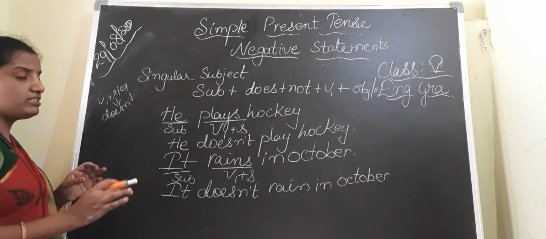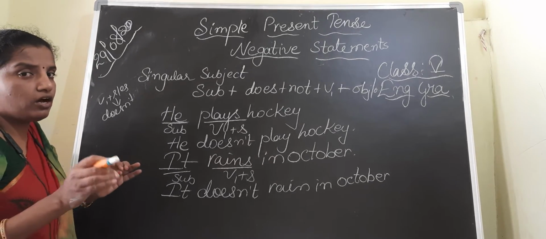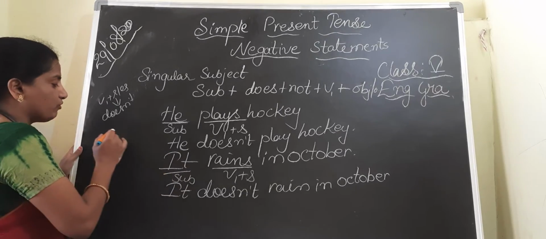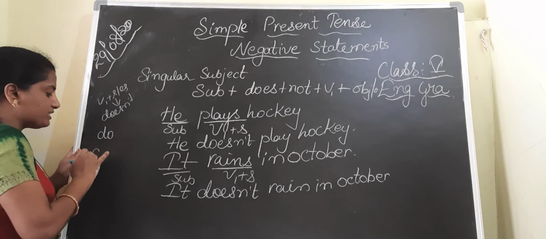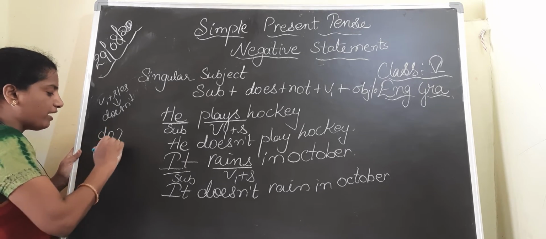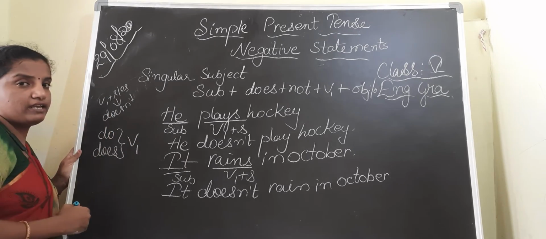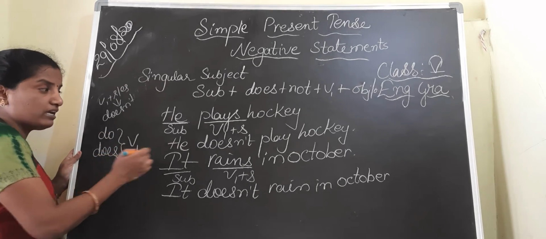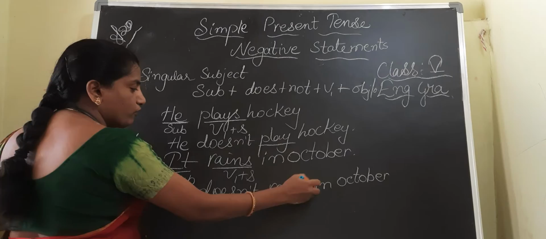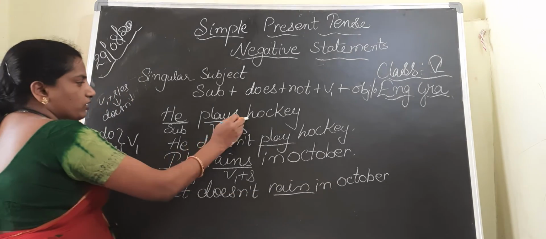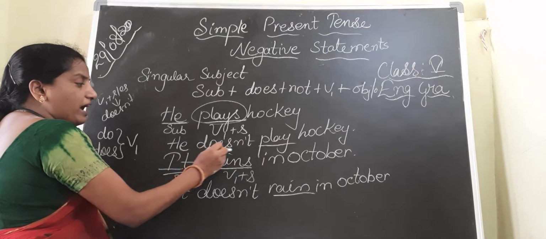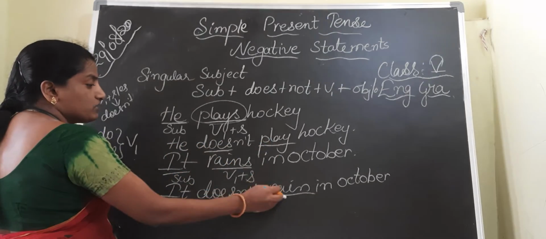Two important things we have to remember, children, whenever we are writing the negative form. What is that? One is, whenever we are using do or does, you have to use V1 only. Do or does should be followed by V1 only. If you observe here, even though the positive statement contains V1 with s, when we are adding does, we use V1.